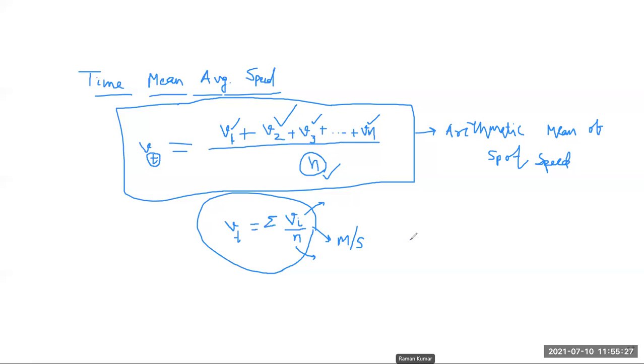If you convert this meter per second into kilometer per hour, then you get Vt is equal to the summation of Vi by n into 3.6.